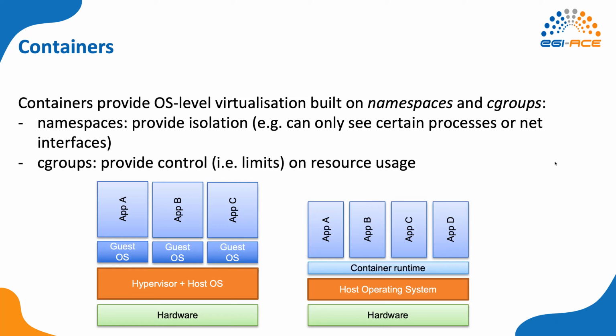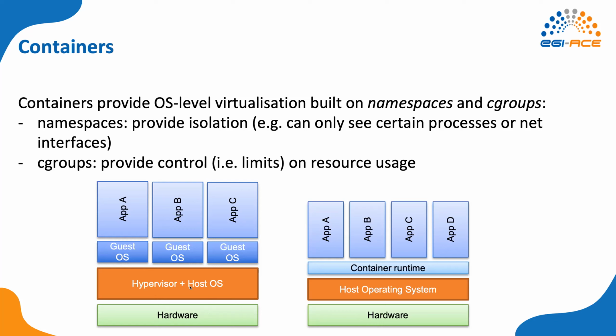Normally there is this image used for comparing containers and more traditional virtual machines, where you can see the different overheads of each kind of virtualization. Looking at the left, we have the VM-based approach. We have the hardware where things actually run. On top of the hardware, we have the hypervisor and the host operating system.